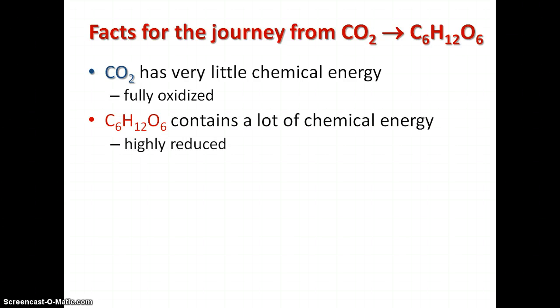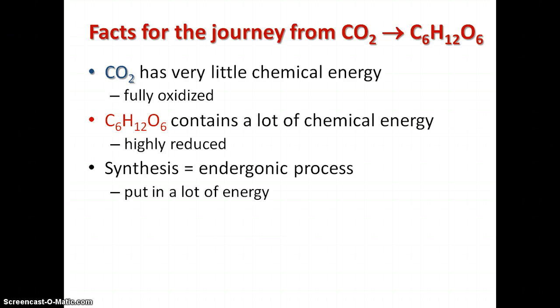It's highly reduced. So in order to go from that fully oxidized CO2 to the highly reduced C6H12O6, we have to go through an endergonic process. The synthesis of our molecules is going to require the input of a lot of energy.